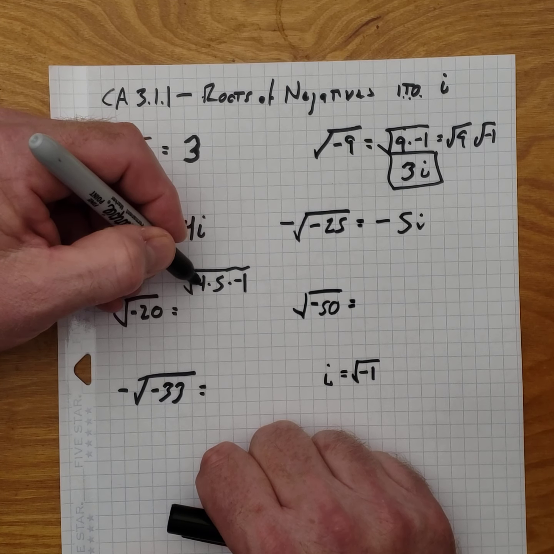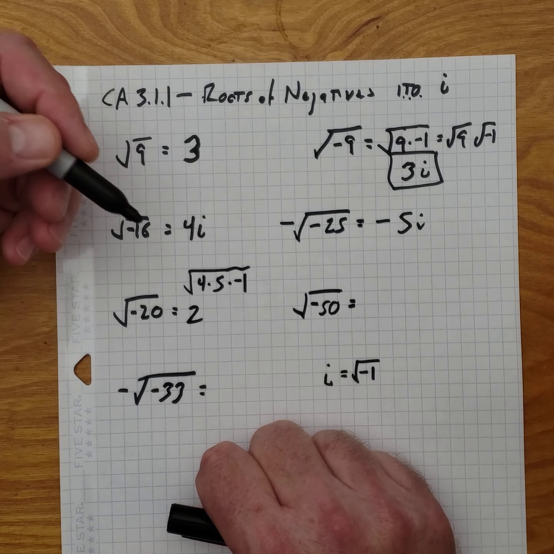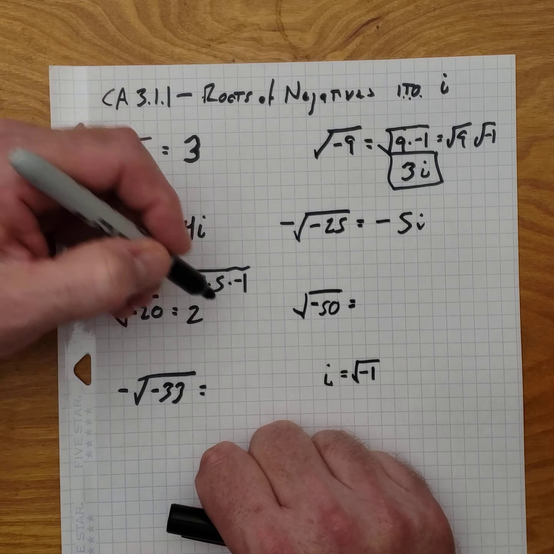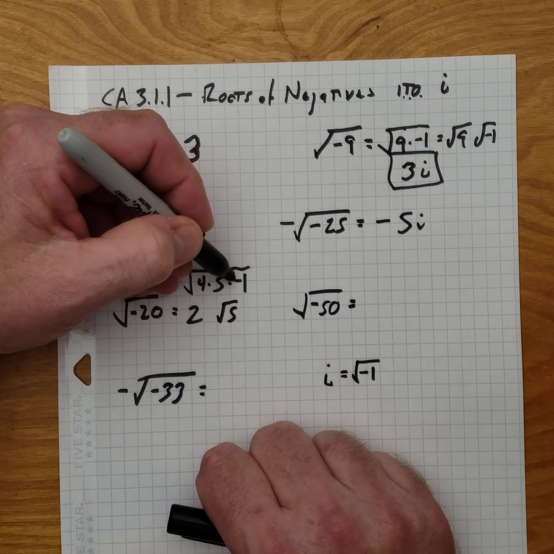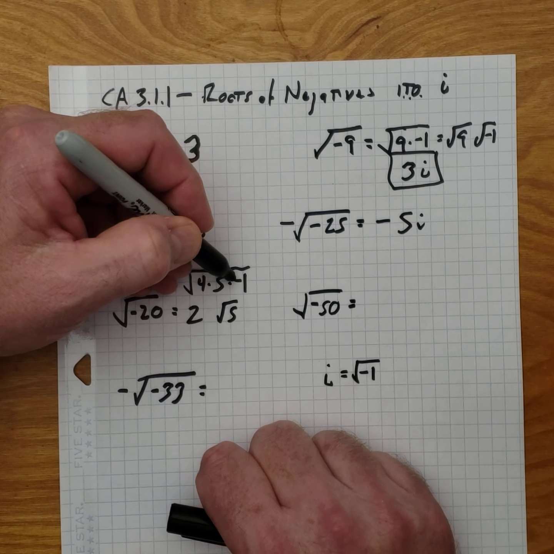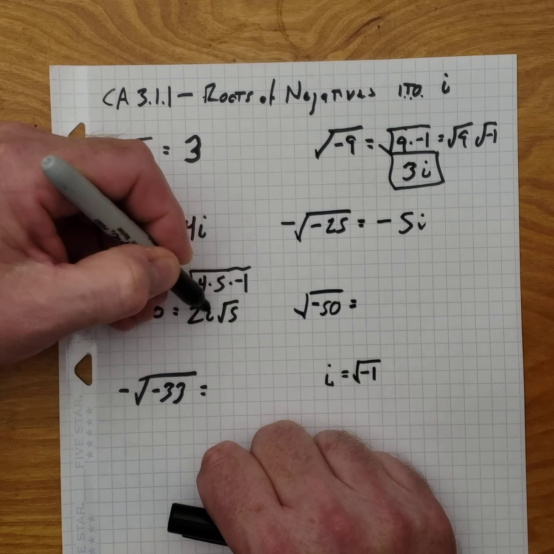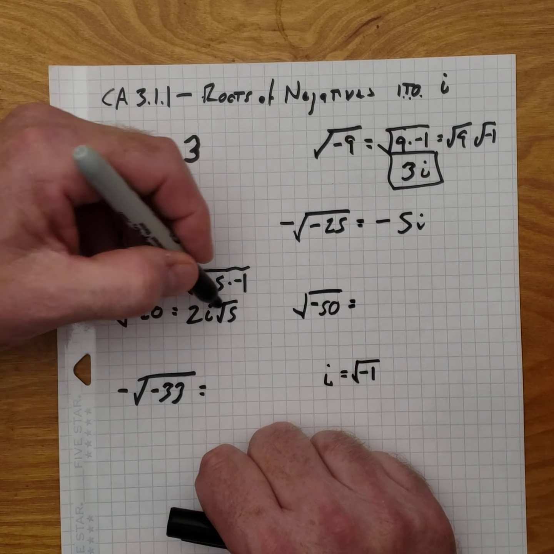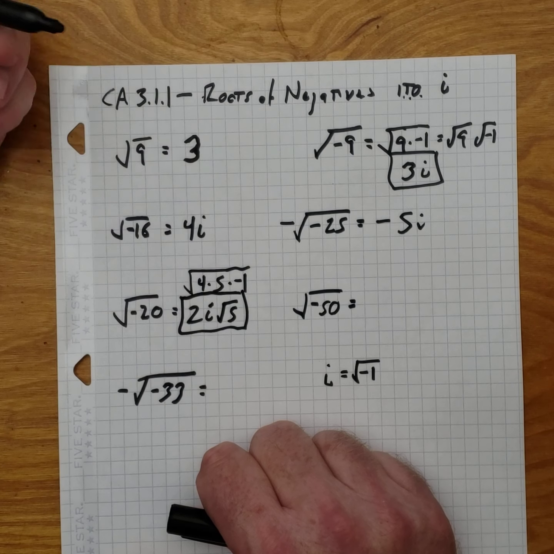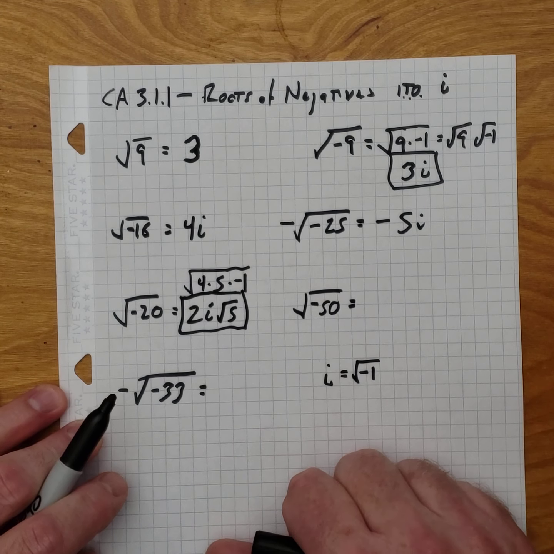The square root of 4 we know is 2. The square root of 5, we can't simplify any. We just leave it the square root of 5. And the square root of negative 1 is i. And for God knows what reason, we don't put the i over here. We put the i between the nice number part and the radical part. So 2i root 5 would be our answer there.